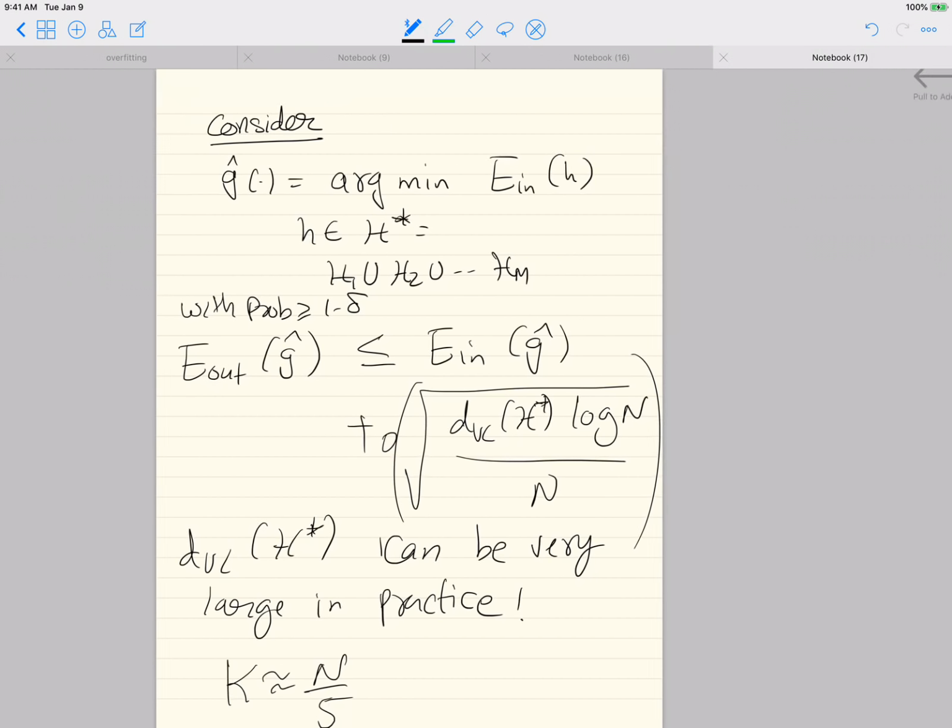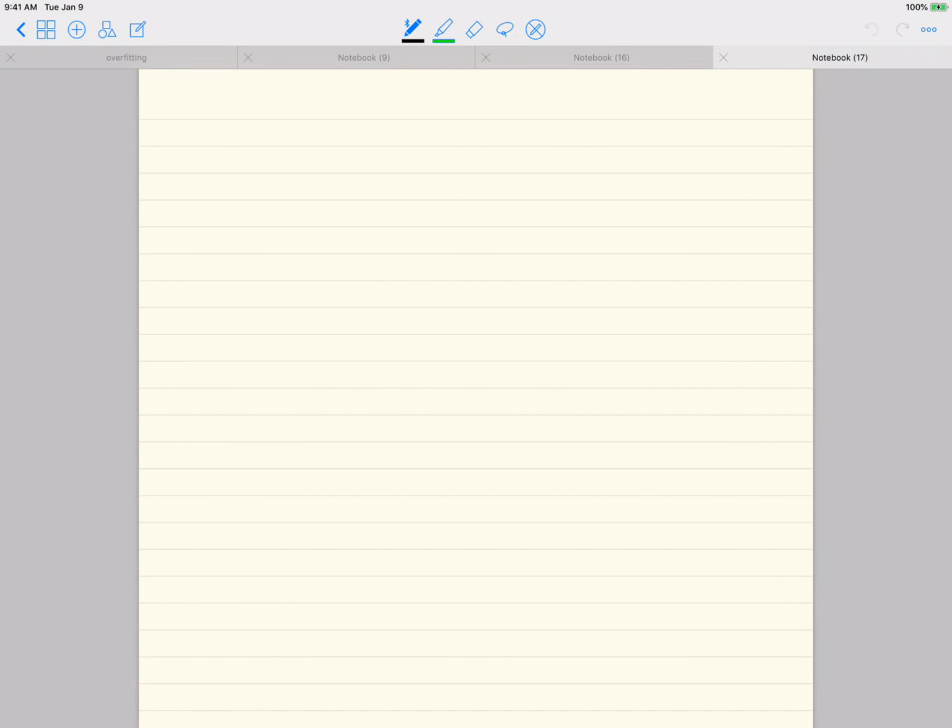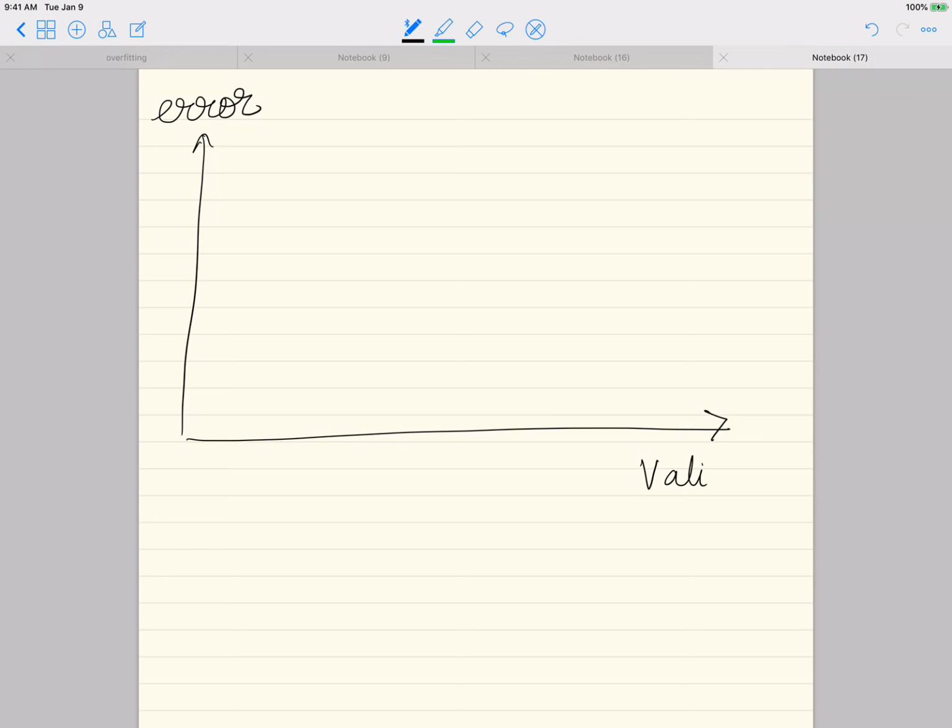So to show this, we'll finish with the following diagram. Imagine that we are plotting the error as a function of the size of the validation set, K, right? Now let's say we first try to plot E out of G hat.